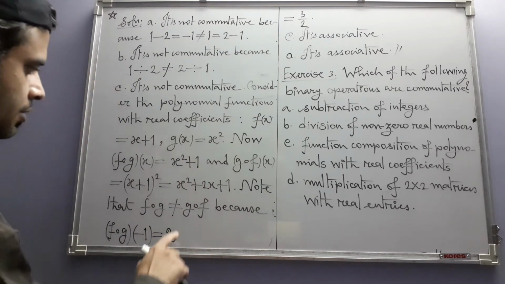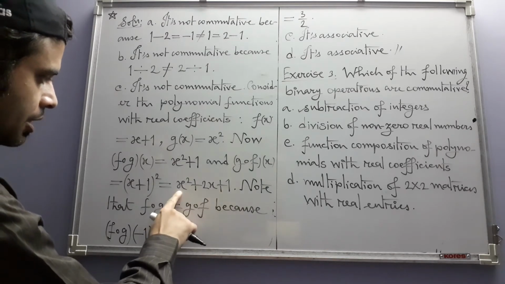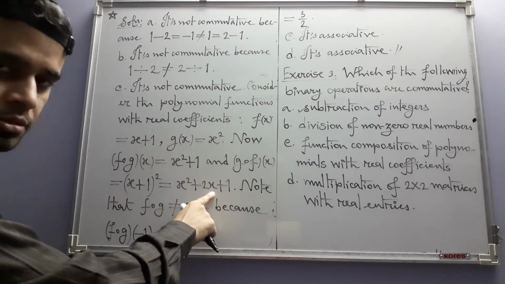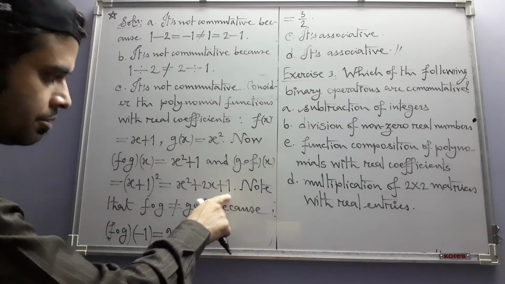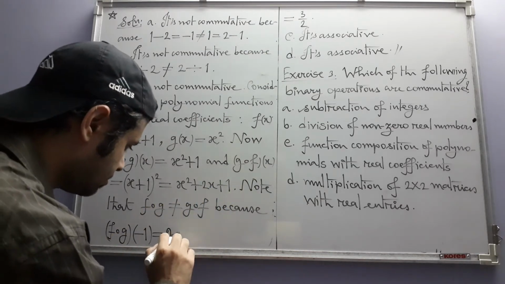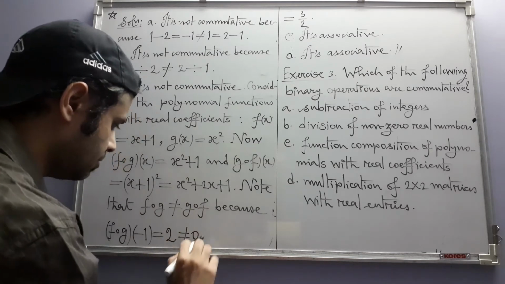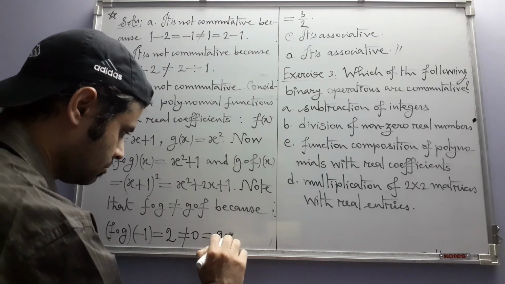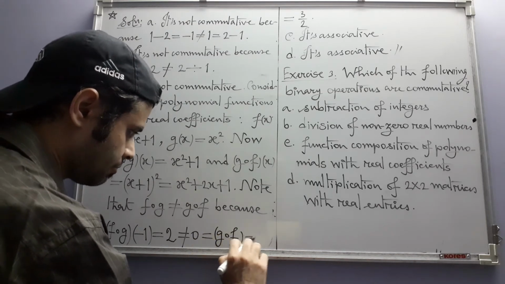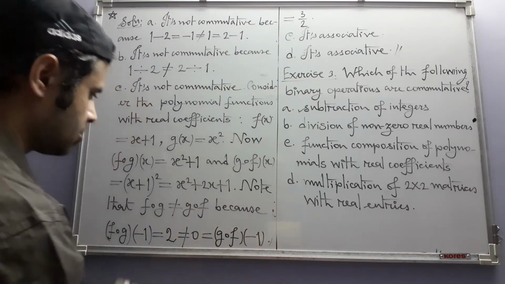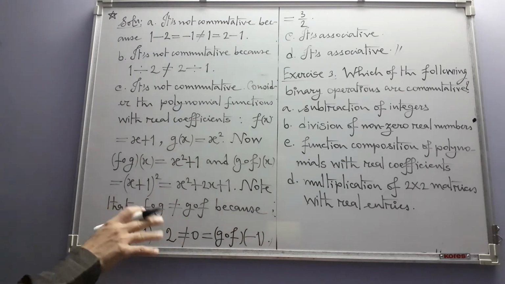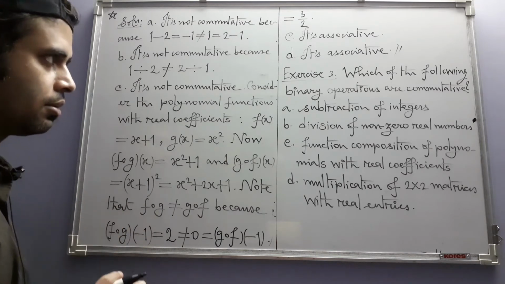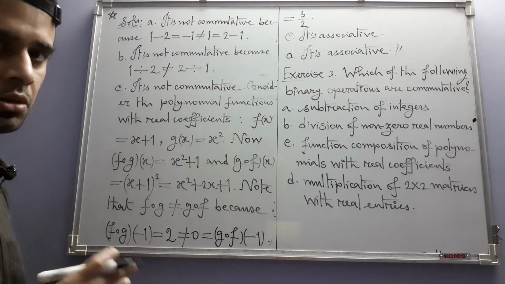Whereas if you substitute minus 1 here, you get 1 minus 2 plus 1, so that gives us 0. This is not equal to 2, and 0 is equal to g composition f of minus 1. So that's why function composition of polynomial functions with real coefficients is not commutative.